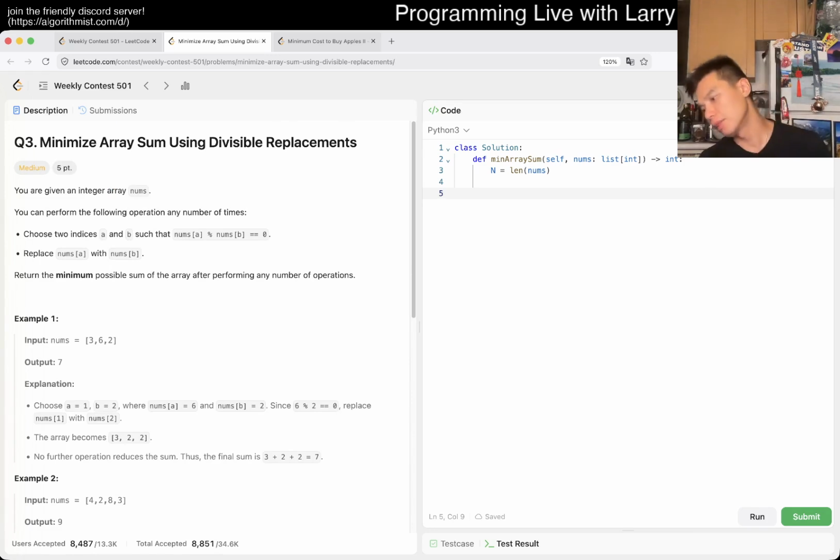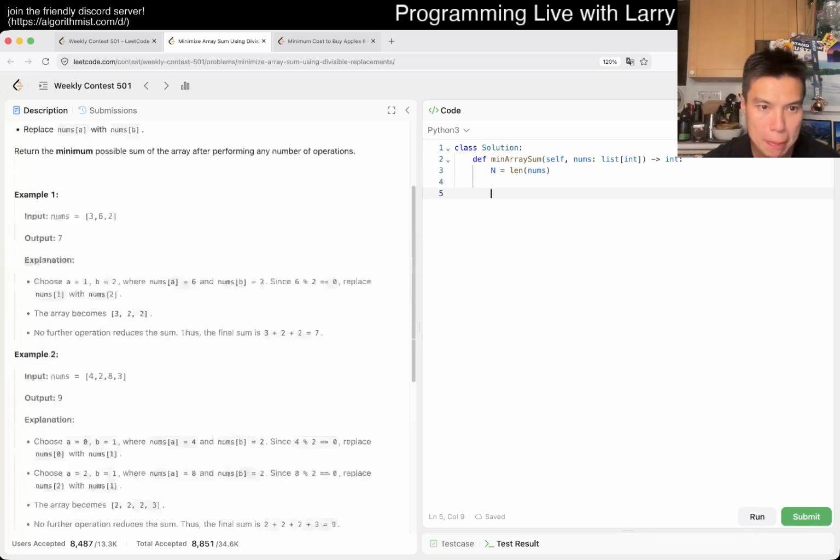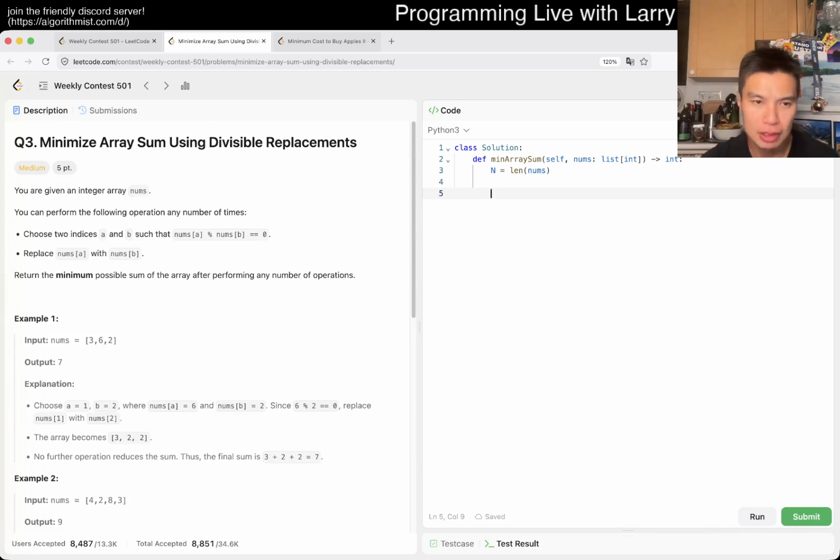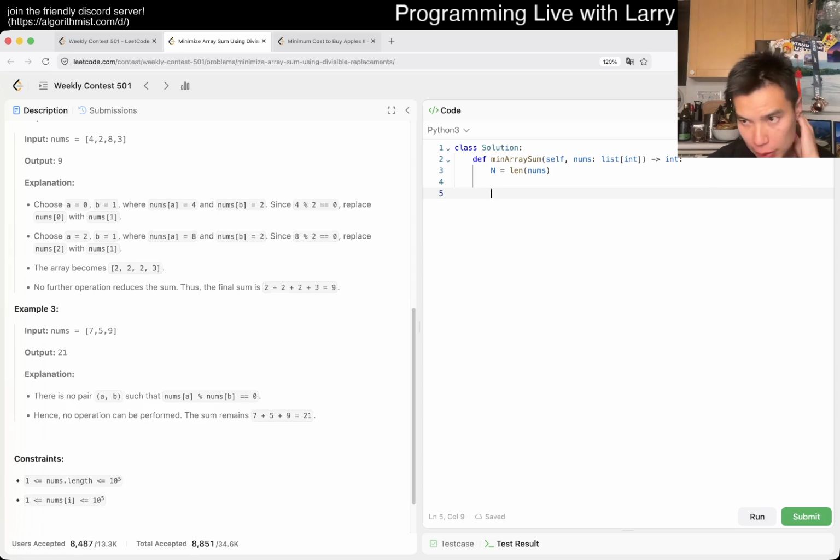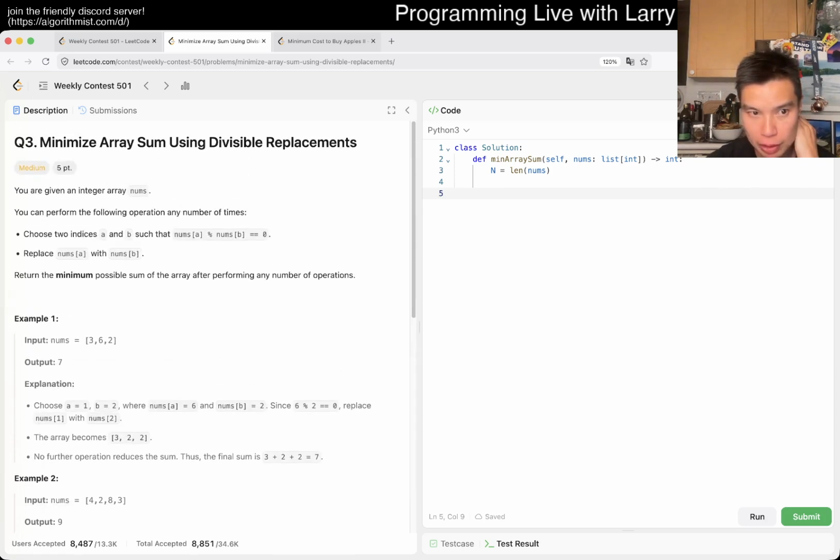But maybe not sorting by the default order. You have 2, 3, right? So it's just prime factorization, right? So prime sieve for each number, just go through it.